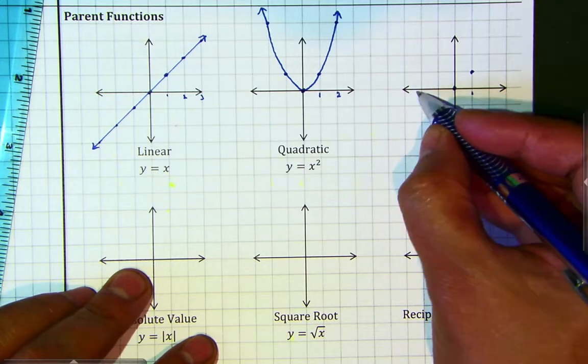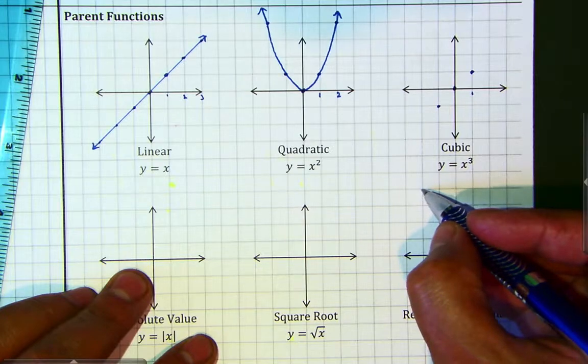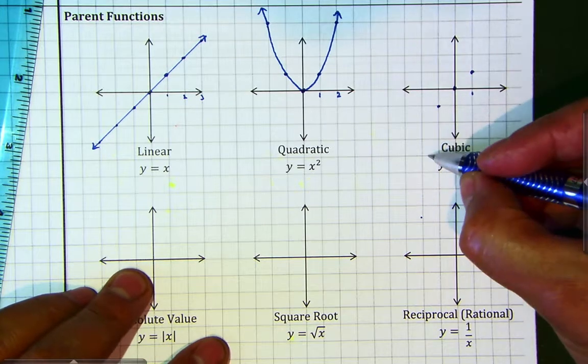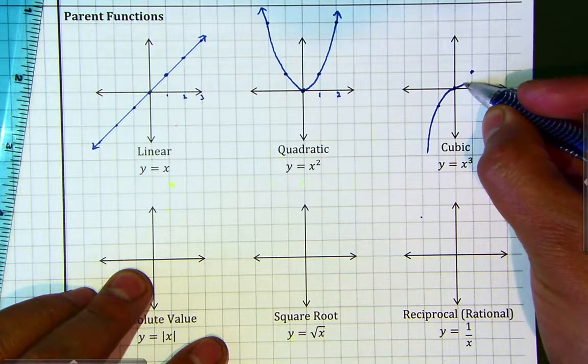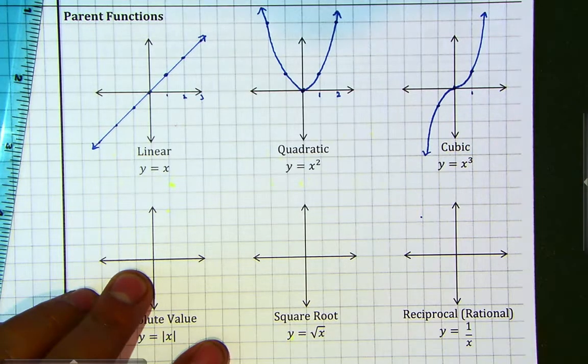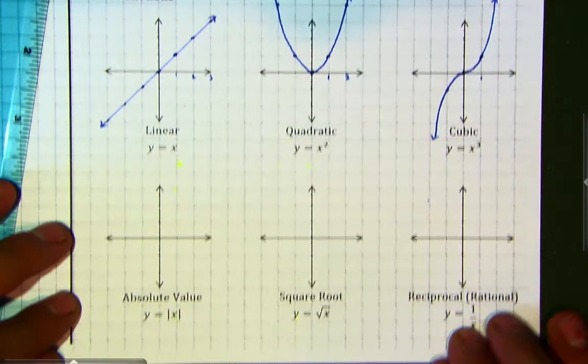Plugging in negative 2 gives you negative 8. So therefore your graph comes up and goes back up. That is a cubic.